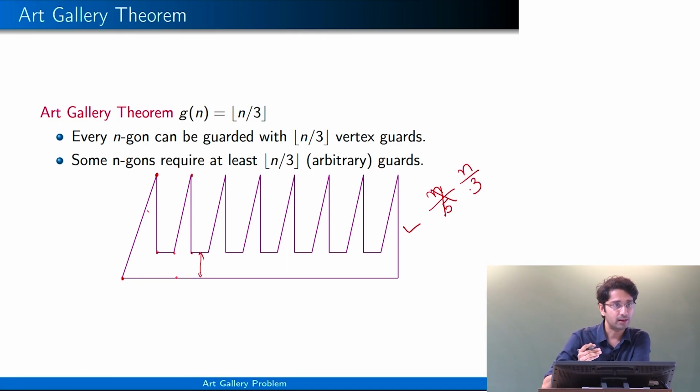That means I know that for some polygons I need n by 3, but is it true that all polygons I can always guard with n by 3 guards? Clear? So, what is our objective? Our objective is that someone will give me a polygon with n vertices, and I have to find a guard set of n by 3 vertices so that it sees the whole of the polygon.